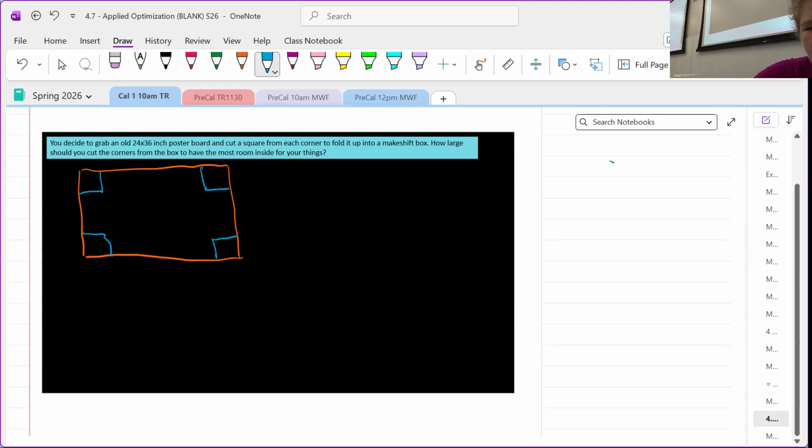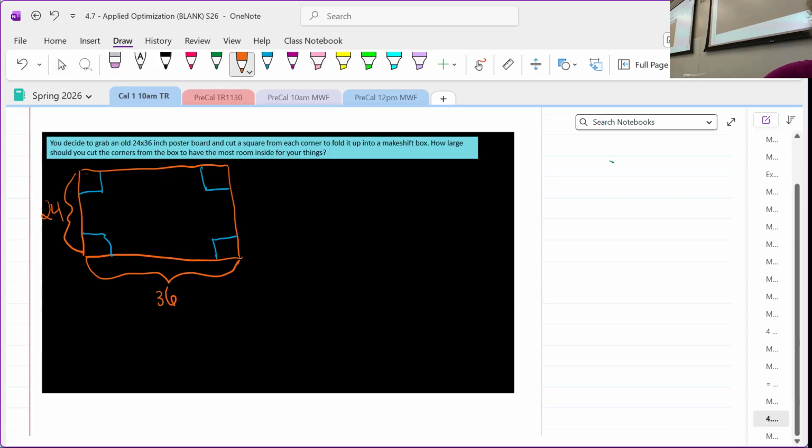And there's my Post-its going down. And there's my 24 and my 36. Now, for each of the corners that we're cutting out, they're squares.